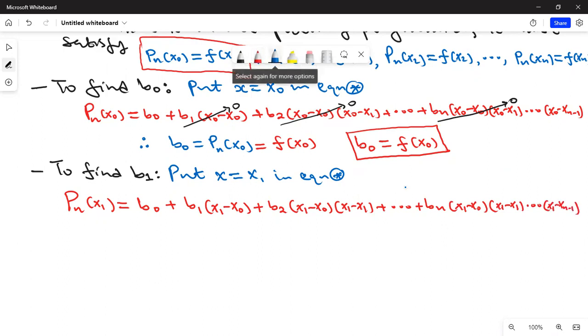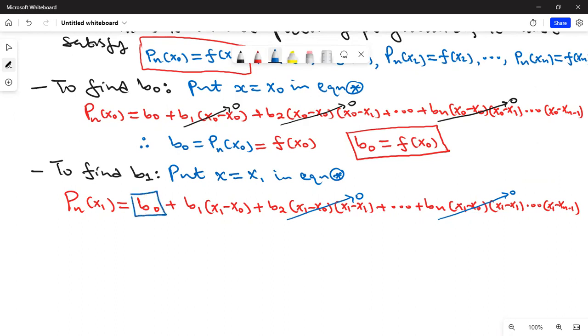So where we have x1 minus x1, of course, that will be 0. So this term will vanish, and all those other terms will vanish. And we know b0 is the same as f of x0. So I'm going to replace this by f of x0.